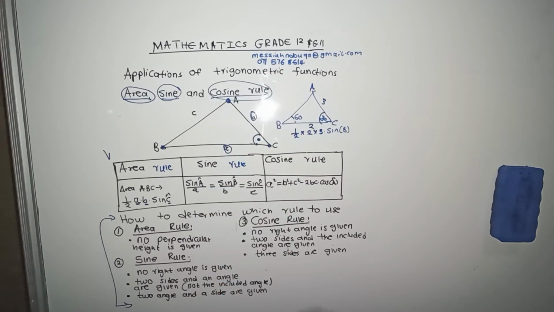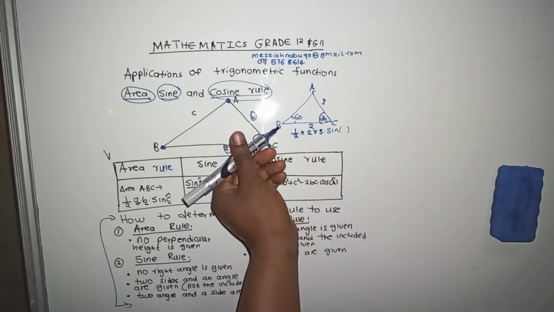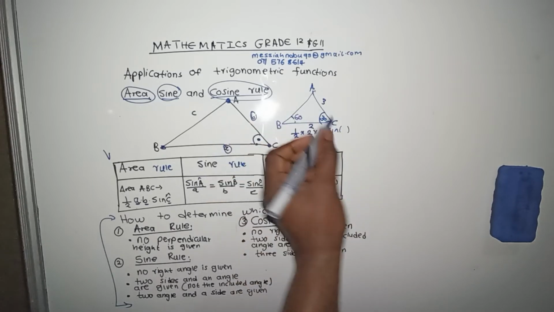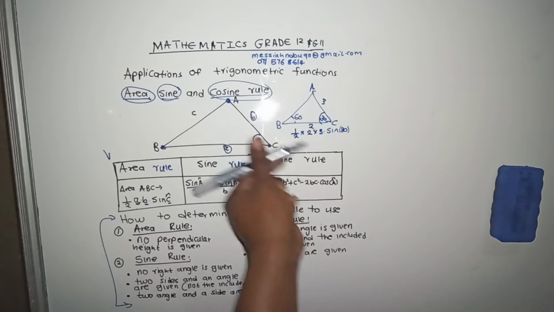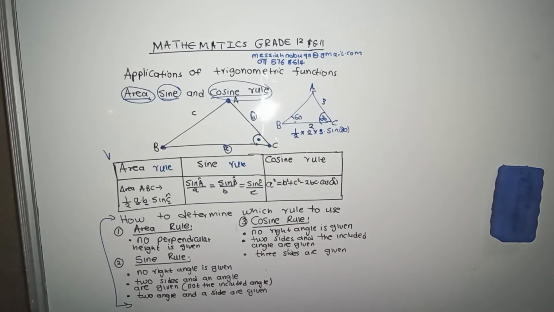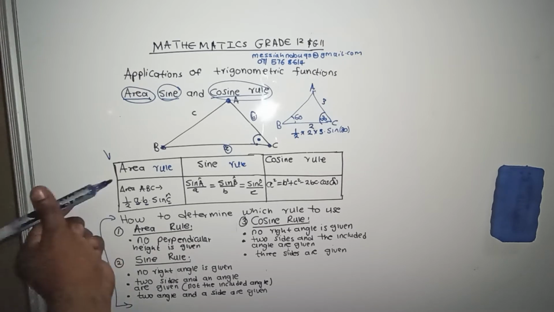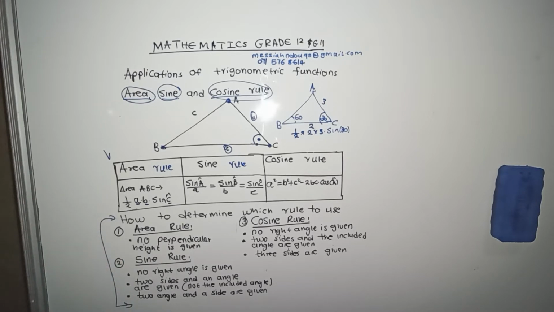So instead of using the sine of 60, we're going to take the sine of 30. When you punch everything in, you are going to get the area of this. It is not all about the sides a and b; it can be any sides depending on the question. So that's how we use the formula of the area rule. Next one.